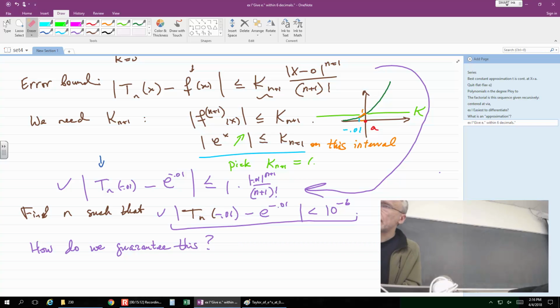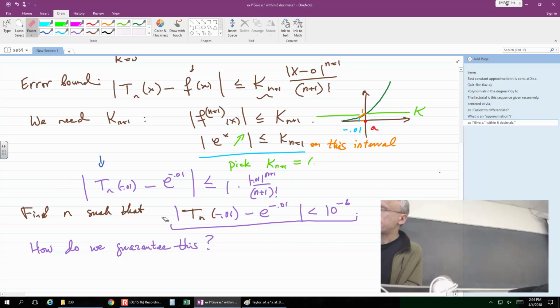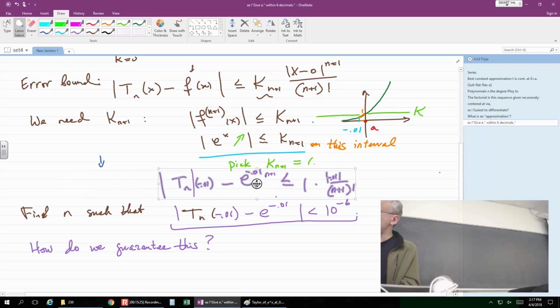Let me put it side by side, maybe make it clearer. Okay, absolute value.